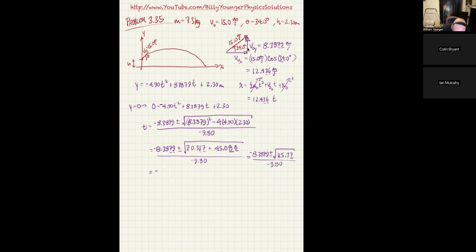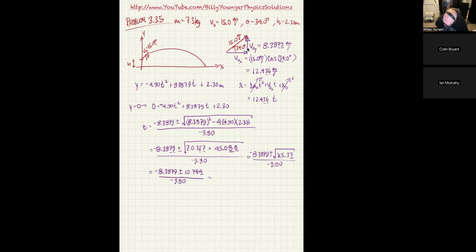So now I'm going to get negative 8.3879 plus or minus 10.744. And that should really be 4 sig figs in this case, so I'm going to say that's not a sig fig. And then all that divided by negative 9.80. Now we can take the top sign.